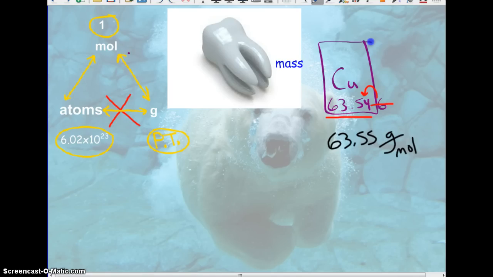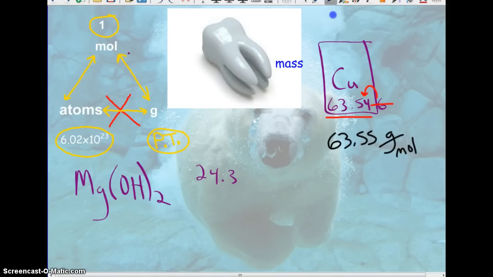If you wanted to do it for a compound, like magnesium hydroxide, you would type into your calculator magnesium's mass, which is 24.31, plus oxygen's mass, there's 2 of those, each one is 16.00, plus hydrogen's mass, there's 2 of those, times 1.01.